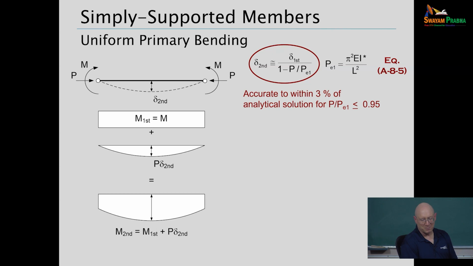So the P small delta part of the moment here is shown in the second graph, and the sum of those two effects gives us the total second order moment, which in American practice we typically call M subscript U. So we need that maximum moment that's input to our design.